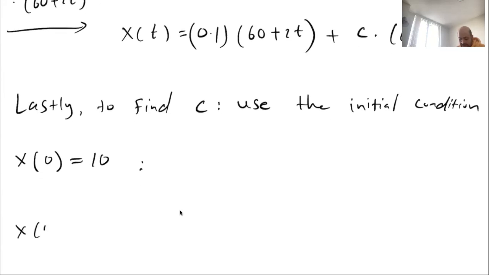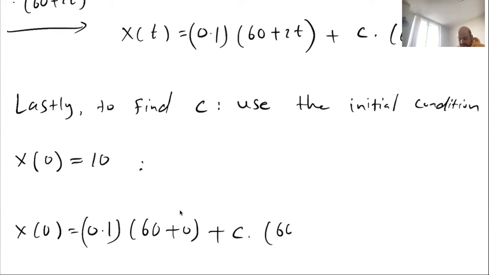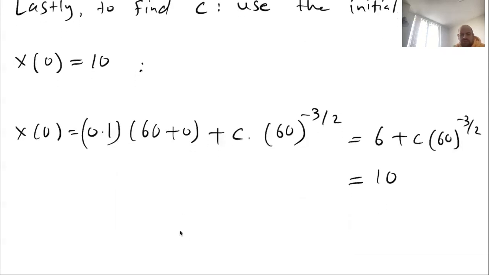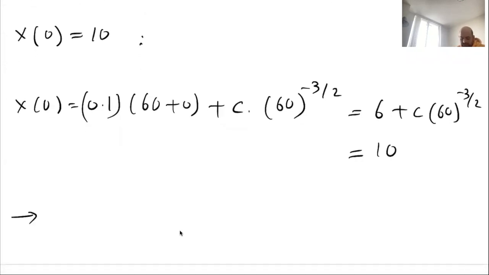So x(0) here will be 0.1 times (60 + 0) plus c times 60 to the power minus 3/2. That's going to be 6 plus c times 60^(-3/2), and this is supposed to be 10. And this is one equation with one unknown only. So that means c times 60^(-3/2) is equal to 4.